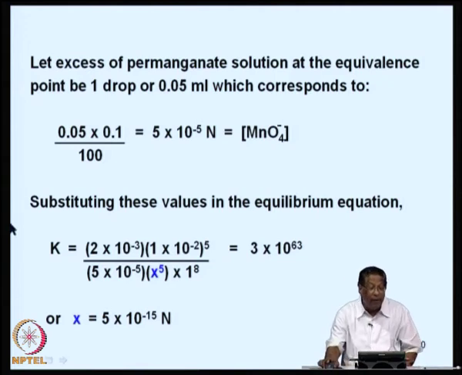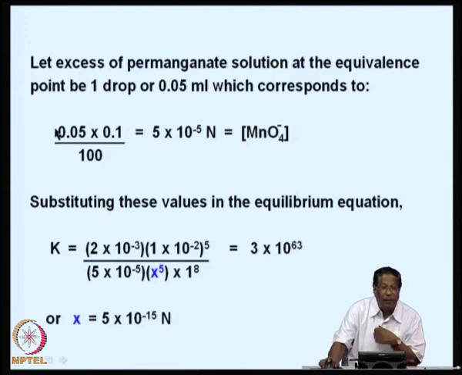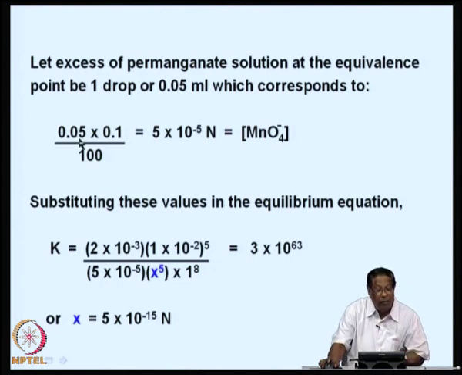Then I can write this expression: 0.05 multiplied by 0.1 divided by 100, that is the volume I am taking. So, the concentration of the permanganate would be 5 into 10 raised to minus 5. You just solve this, you will get this number.